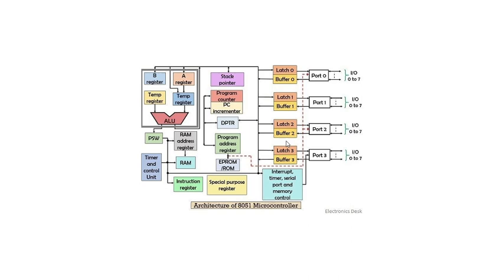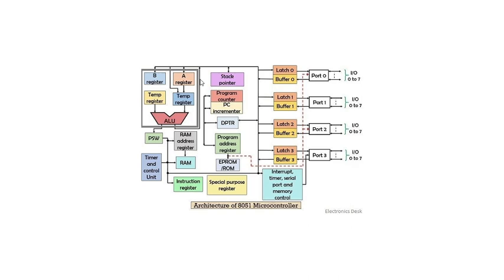So here 8051 is a microcontroller, which is also called a microcomputer, and we get the complete computer on a chip, so it is also called a computer on a chip. This is the internal architecture of 8051.